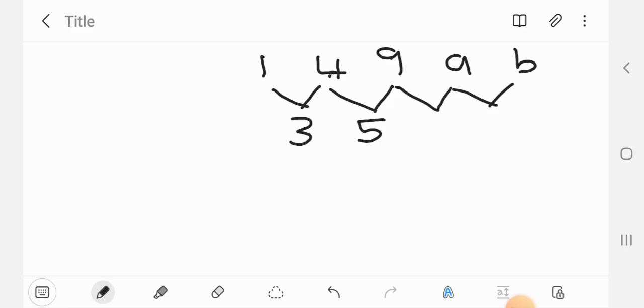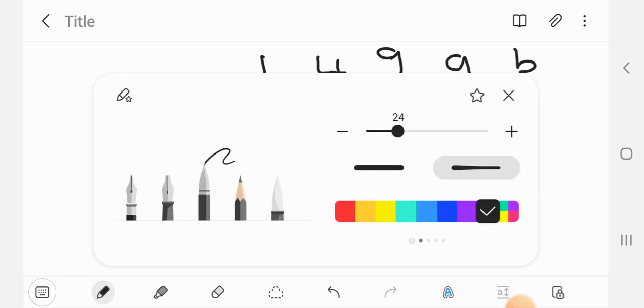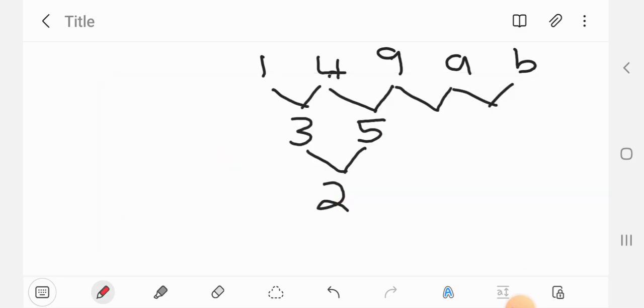Right? So we don't know these ones, and then we'll go and look at the difference between this, and then we'll get 2. So meaning what actually happened here is that 1 plus 3 gave us 4, right?